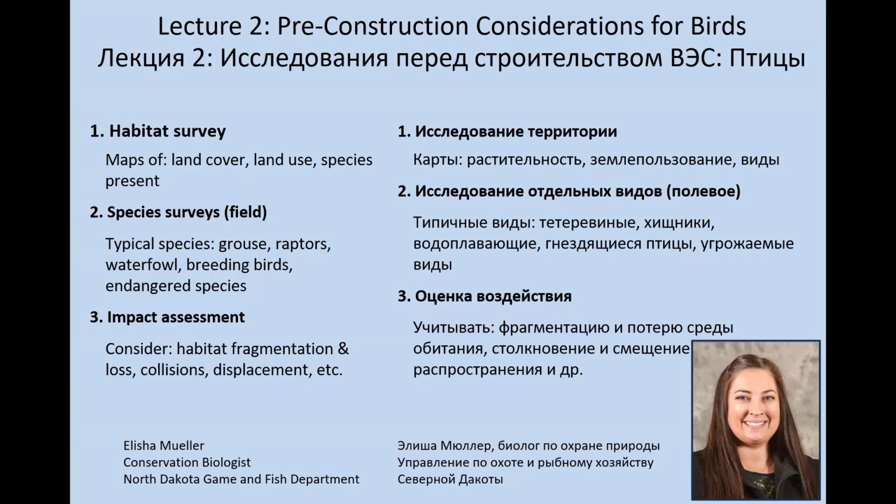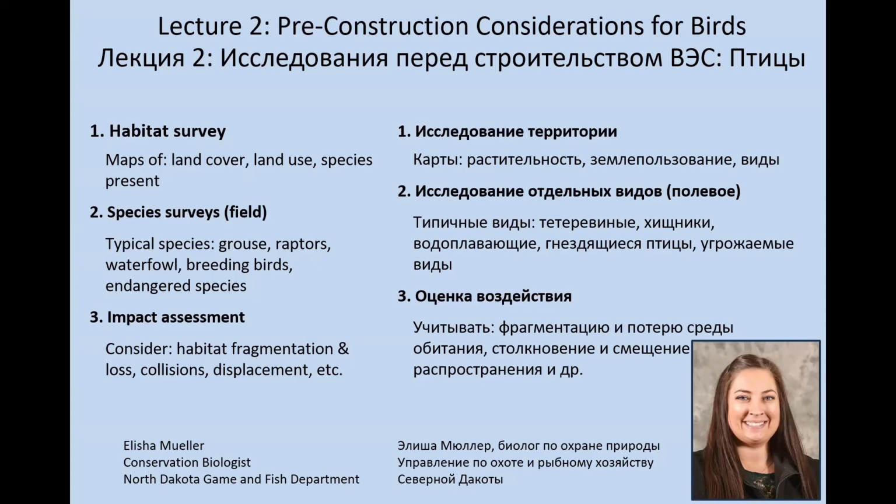The second thing are these field surveys. Typically in the United States and Europe, the bird species that we focus on are grouse, all breeding birds, and threatened and endangered species, red list species.